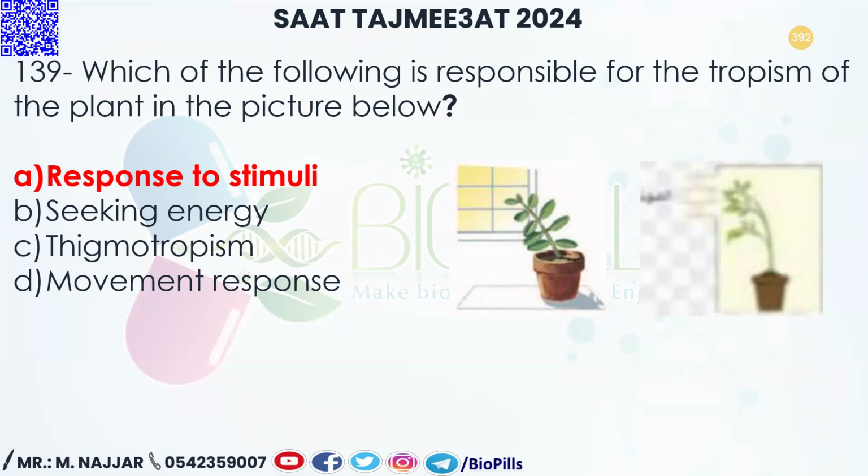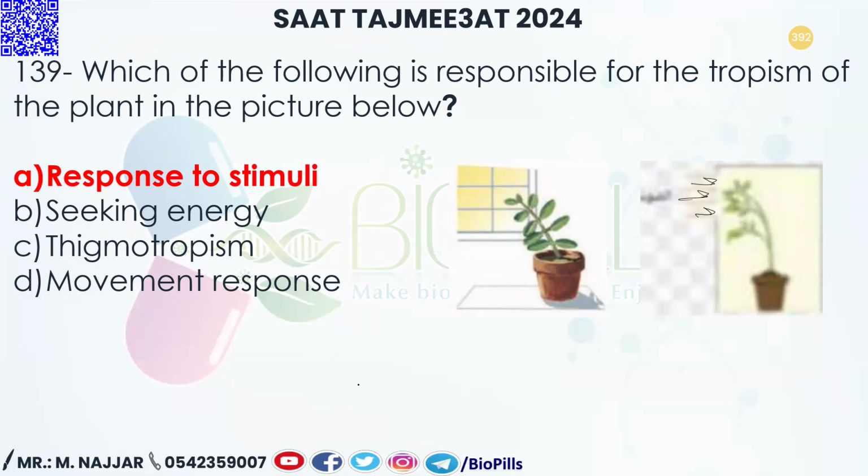Because gravitropism is also a movement response. So the specific is response to the stimuli. And the stimulus here, in this case, is the uniform light, the light that came from only one direction.